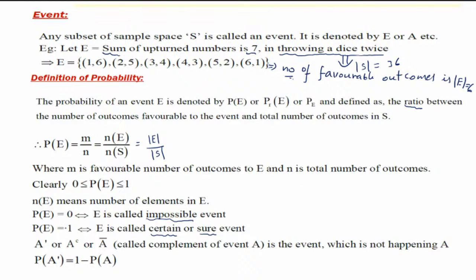So when they ask the probability of not happening the event, that is P of A dash, don't find all the favorable outcomes. Just use this formula: P of A dash is equal to 1 minus P of A. Many people consider A dash as the failure event and A as the success event. So probability of success plus probability of failure is always 1.